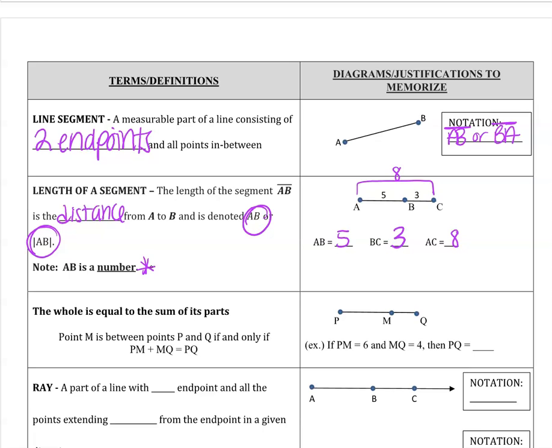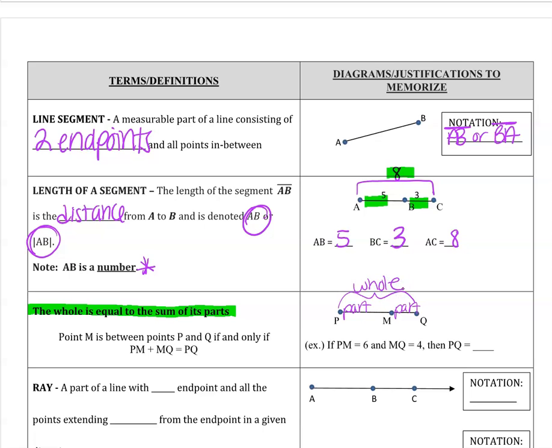Now, the idea that I did in the previous part, where I just did part plus part equals whole, the way I was able to do 5 plus 3 equals 8 is a geometric theorem called the whole is equal to the sum of its parts. So, in my diagram over here, I have point M, which is between P and Q. If M is between P and Q, then this could be a part, this could be a part, and if I add them together, that would give me the whole line segment.